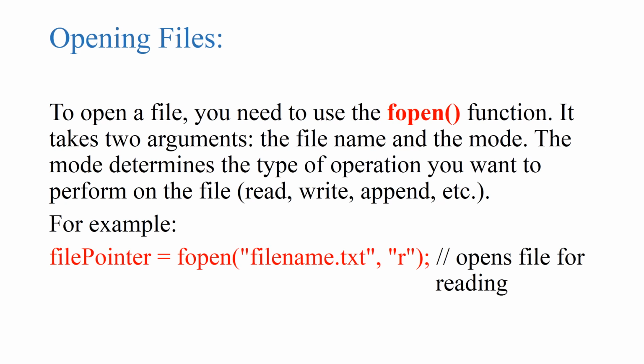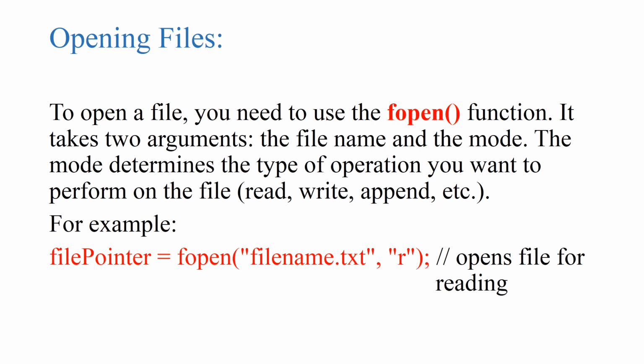Next, opening files. To open a file, you need to use the fopen function. It takes two arguments, the file name and the mode. The mode determines the type of operations you want to perform on the file, that is read, write, append, etc. Say for example, this example code in C programming opens a file name.txt in read mode and assigns the file pointer returned by the fopen function to the variable file pointer.